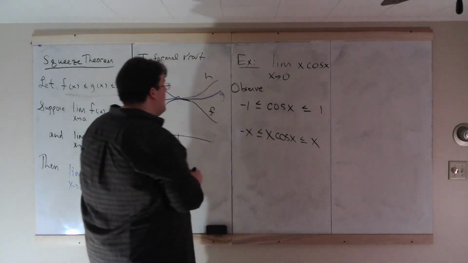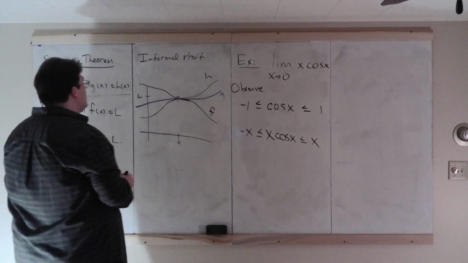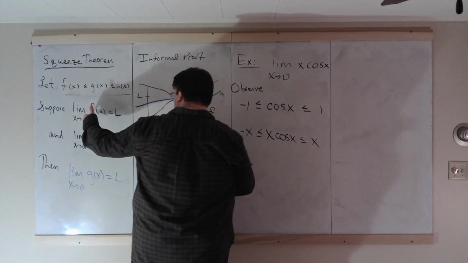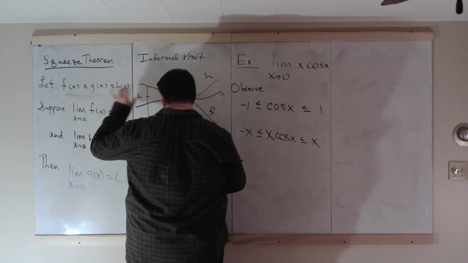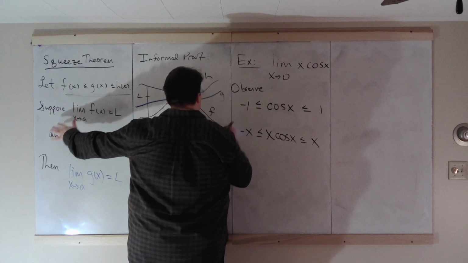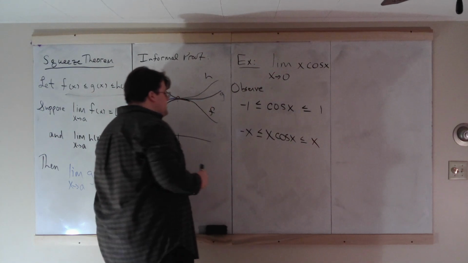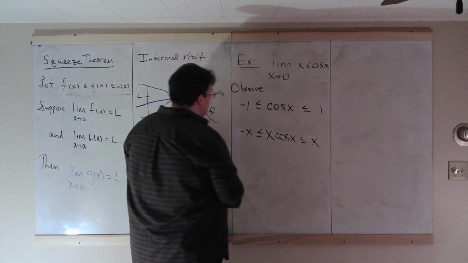When you multiply everything by x, you get x cosine x in the middle, negative x on the left, and x on the right. If the limit on the left as x approaches 0 is a number, and it's the same number on the other side, then we can conclude by Squeeze Theorem that the limit in the middle is that number.